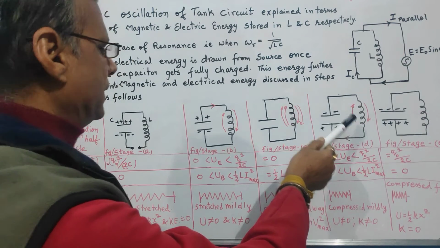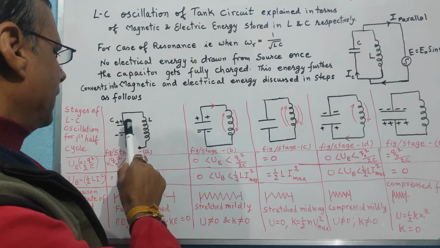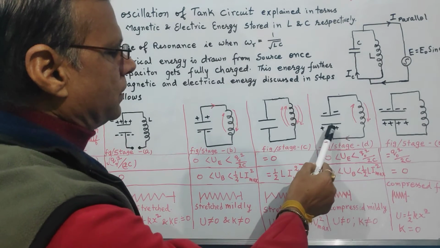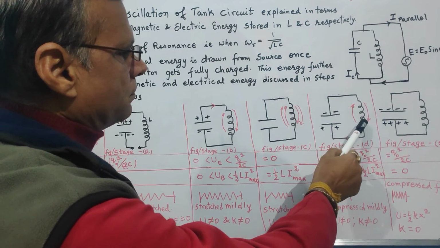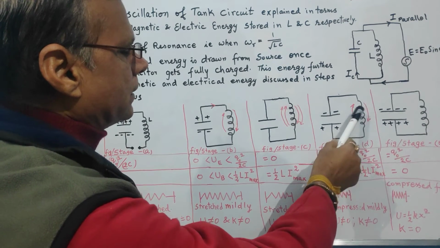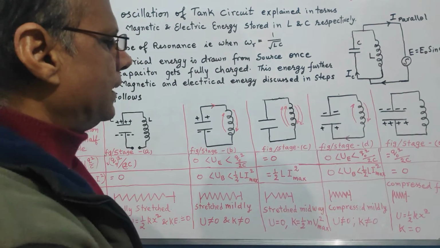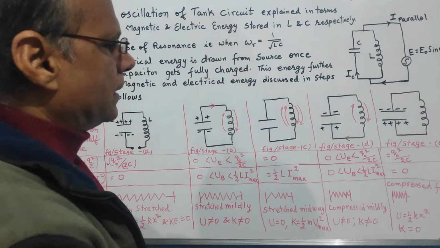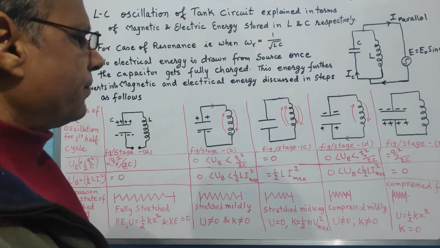The capacitor, which was initially charged positive on the upper plate, gets positive charge on the lower plate, because the magnetic field associated with the inductance coil decreases and so back EMF is generated. Due to this, the lower plate of the capacitor starts getting positively charged.